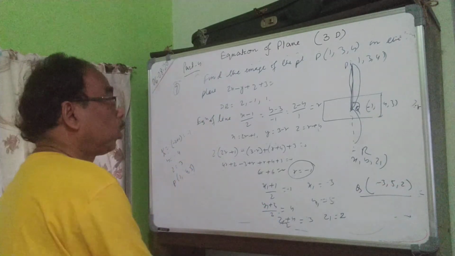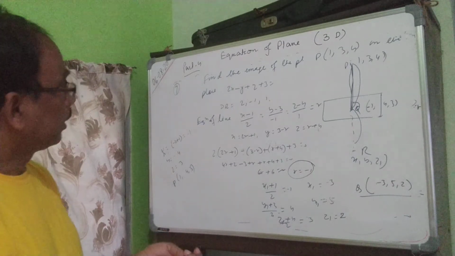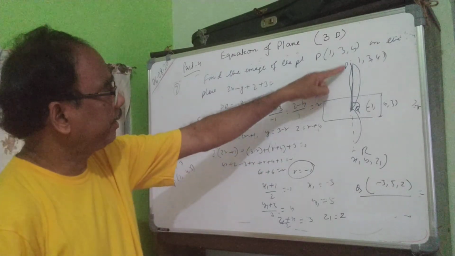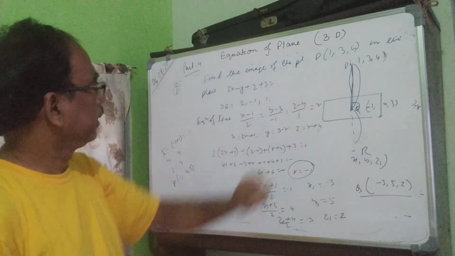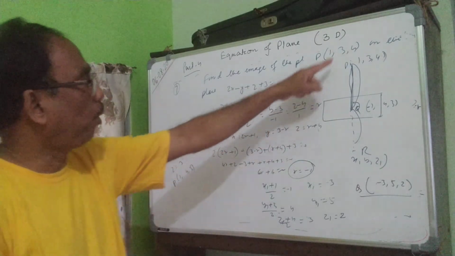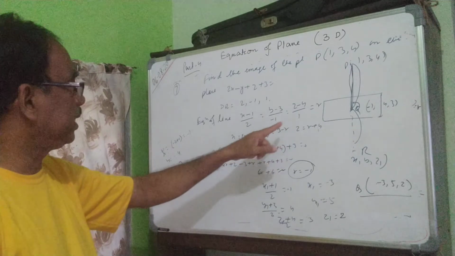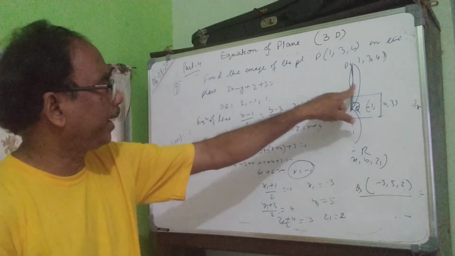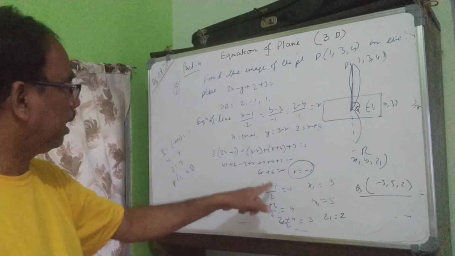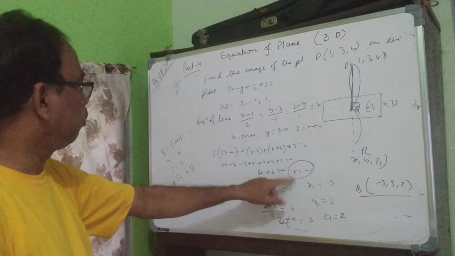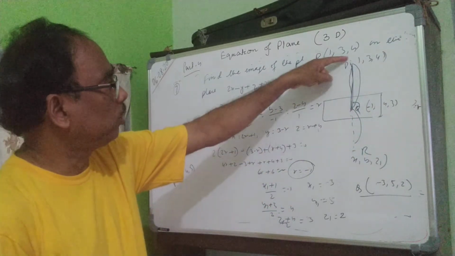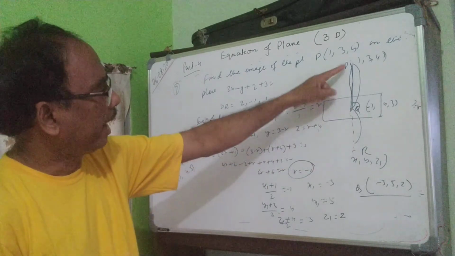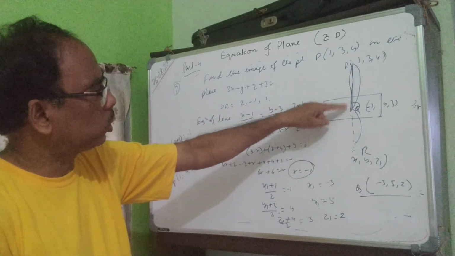So that's all. Here, as the straight line and the plane are perpendicular, any point on the straight line will satisfy the equation of the plane, then we get the value of r. Put the value of r here. This is the point Q, and as this is the image of the point, this is the midpoint.